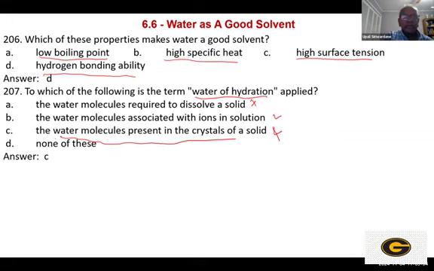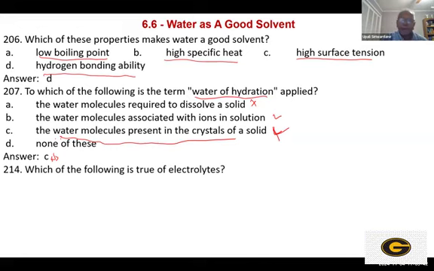To me, it looks like water molecules and also called hydration. But this is both, A, B, and C are correct. Hydrated water is present in both liquid and solid.